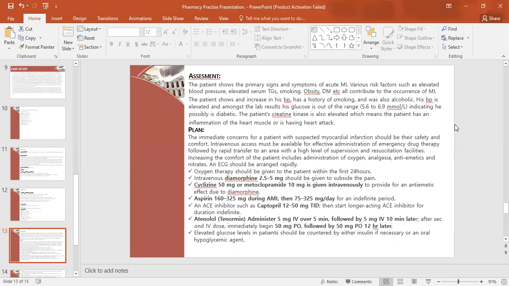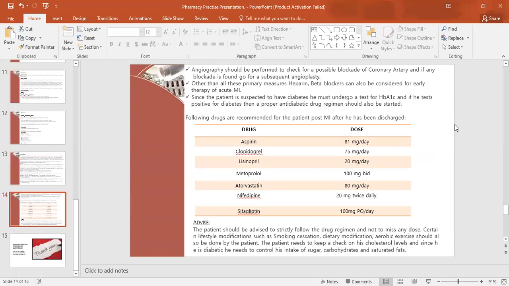Atenolol, which is a beta blocker, should be administered 5 milligrams IV over 5 minutes, followed by 5 milligrams IV 10 minutes later. After the second IV dose, immediately begin with 50 milligrams orally, followed by 50 milligrams orally 12 hours later. Elevated glucose levels of the patient should be countered by either insulin if necessary, or an oral hypoglycemic agent.